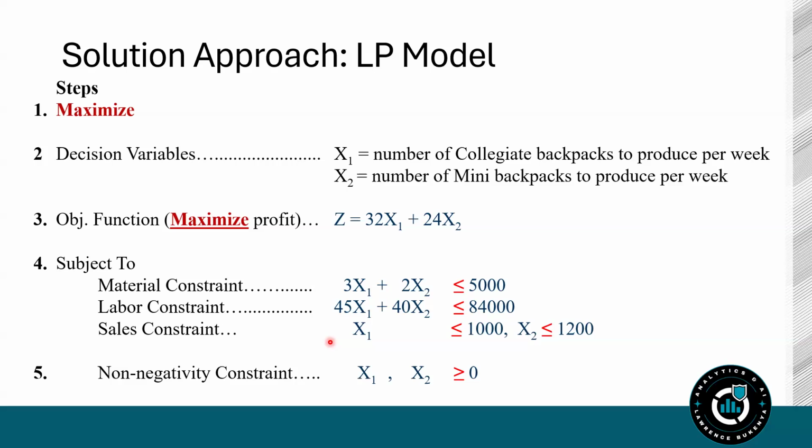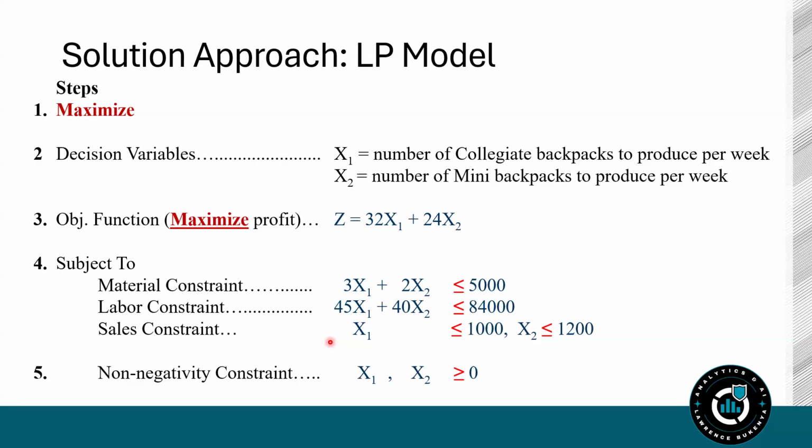Some people keep it in hours. That means for the labor constraint, you have to divide everything by 60. But avoid rounding off; I think leave it as fractions. That way we don't round off earlier in the process.